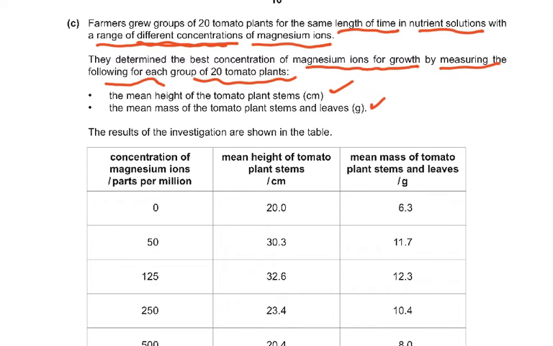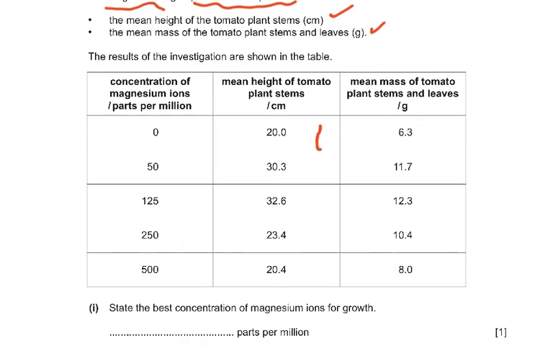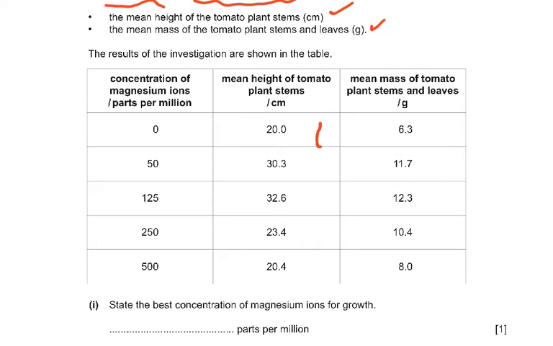The results of the investigations are shown in the table. Here you can see the concentration of magnesium ions in parts per million, then the mean height of tomato plants and stems in centimeters, and then the mean mass, in grams, of tomato plant stems and leaves.